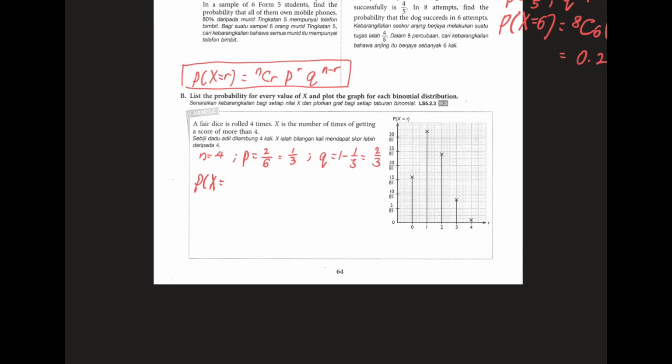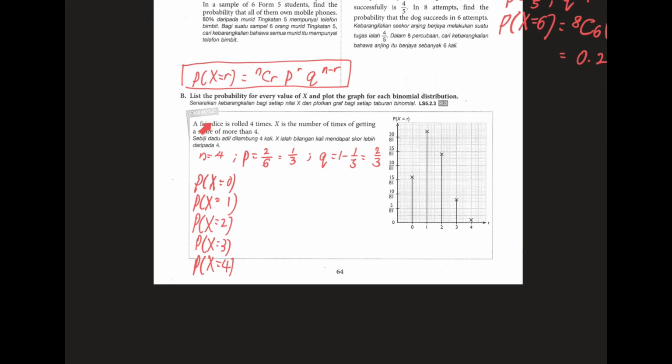We have to count the probability of x equal to 0, 1, 2, 3, and 4. Should we count the probability of x equal to 5 or not? No. Until what value should we stop? Until n. So if n is 4, just count from 0 all the way to 4.